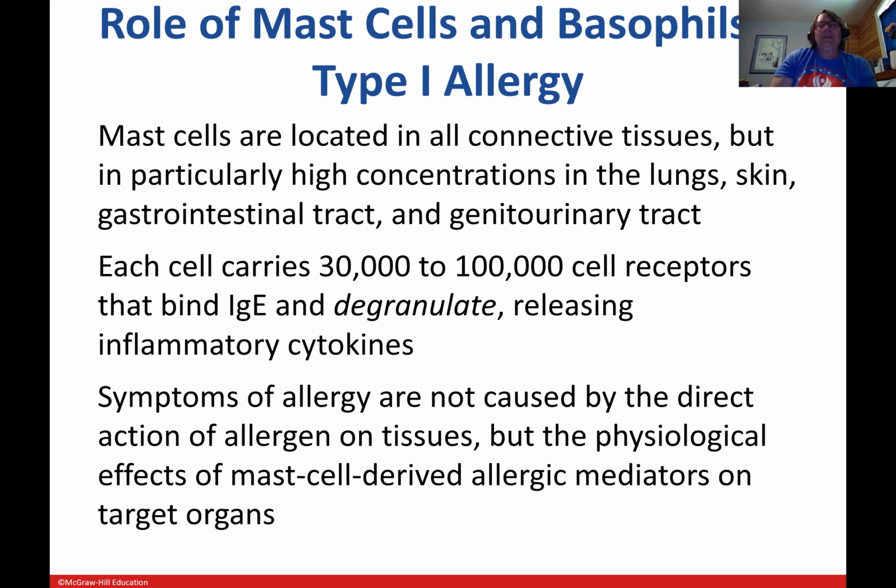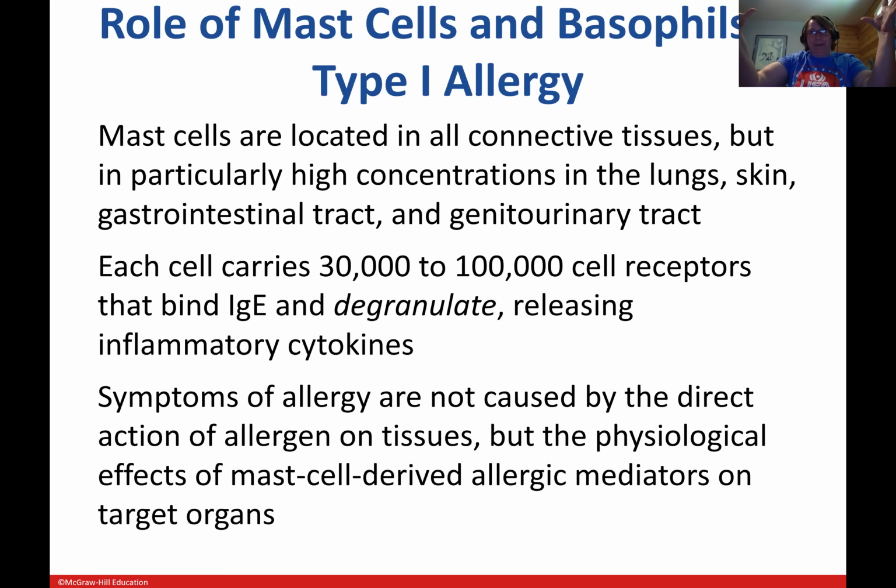So each of these mast cells carries between 30,000 and 100,000 receptors that bind to IgE. Okay, so that's the allergic antibody. And when those cell receptors bind to IgE, the response of the mast cell is to do a process called degranulation. Basically, all of those little vacuoles filled with those inflammatory cytokines are released from the mast cell all at once.